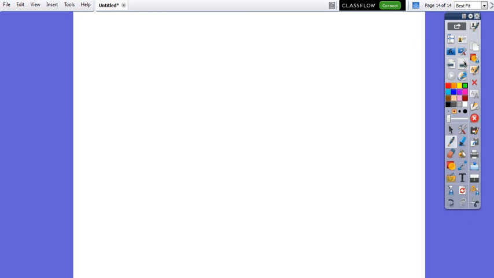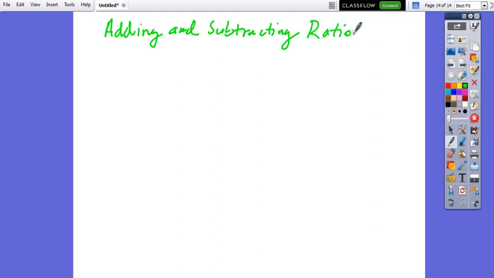So we're going to be adding and subtracting rational expressions with unlike denominators.